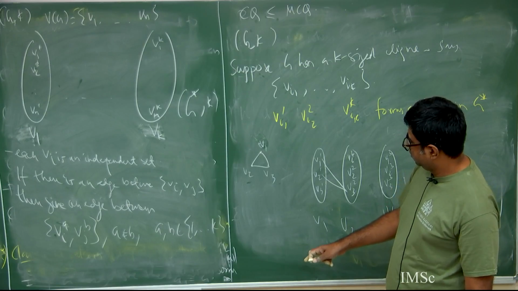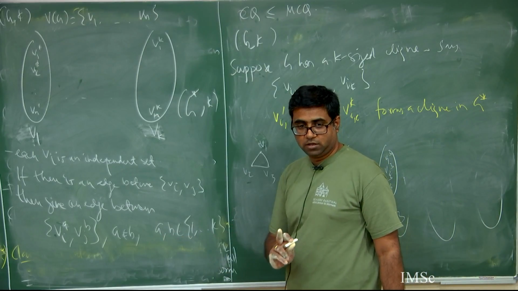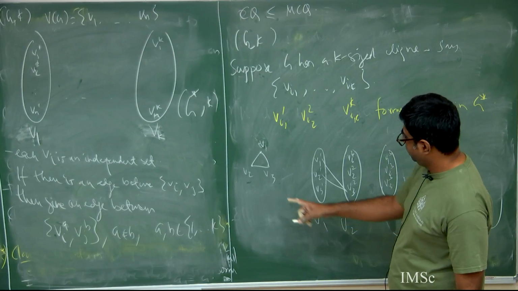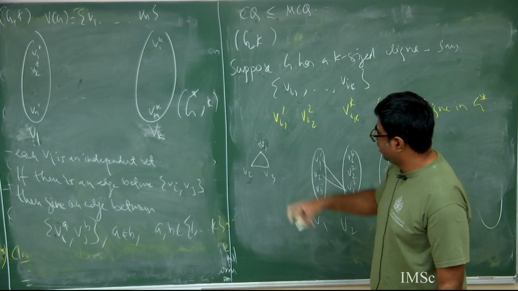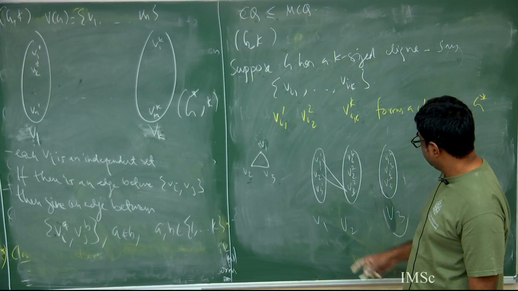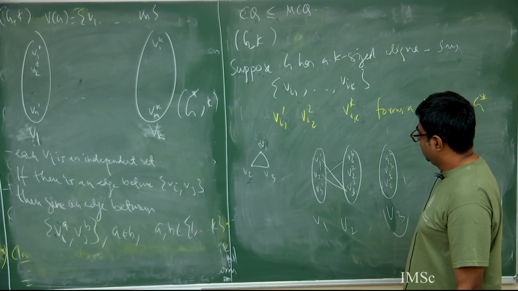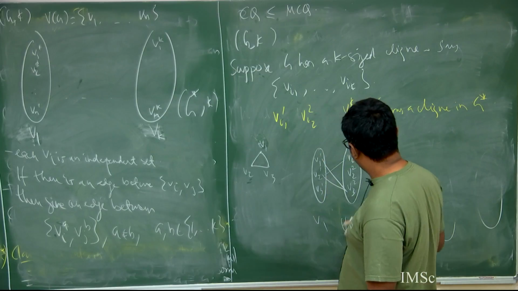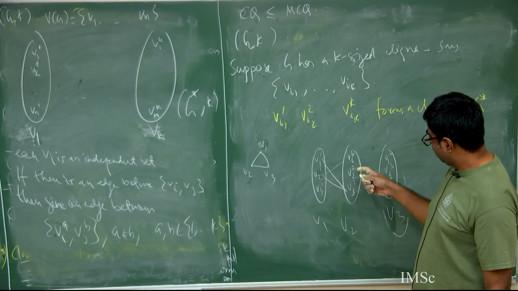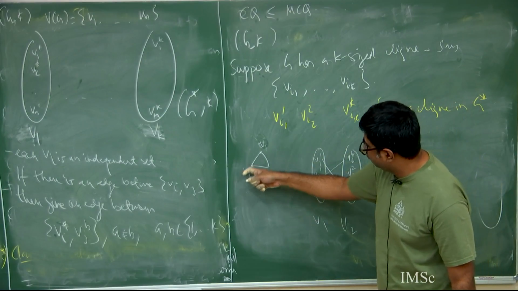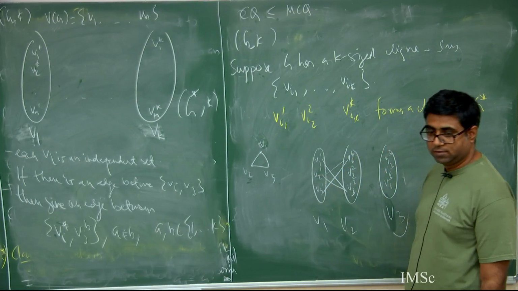Now I have never said A less than or equal to B or B less than or equal to A, right? So we have put this edge this way. Now look at 2 1. Look at the 2nd copy here and the 1st copy here. I put an edge. But if I look at the same edge from the 2nd perspective, there is also an edge from V2 to V1 and V2 to V3, so I also put an edge between these.